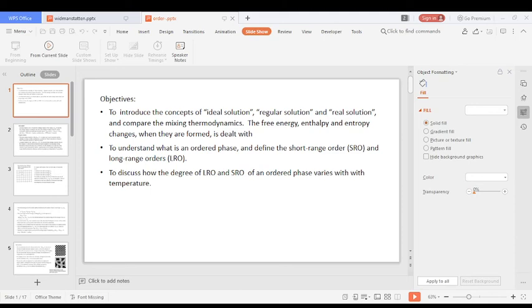The first mechanism occurs when there is no energy barrier in creating ordered domains, and is an example of what is known as spinodal decomposition.